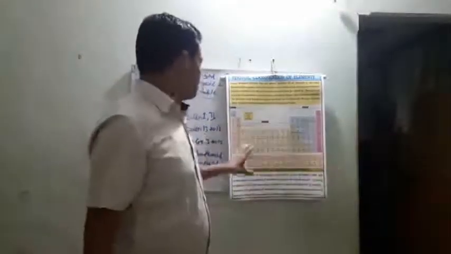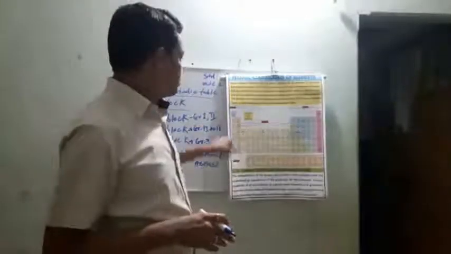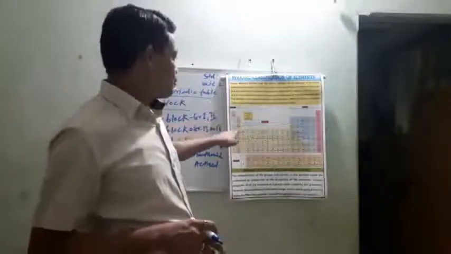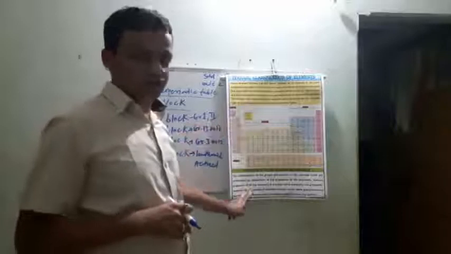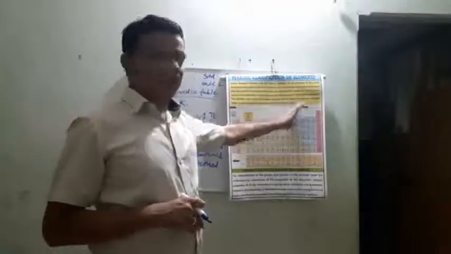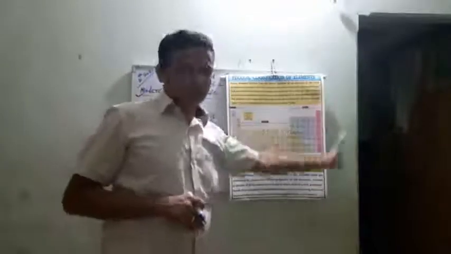So in this way, the elements in the modern periodic table are divided into 4 blocks, out of which the S block includes the elements from group first and second. The P block has elements from group 13 to group 18.